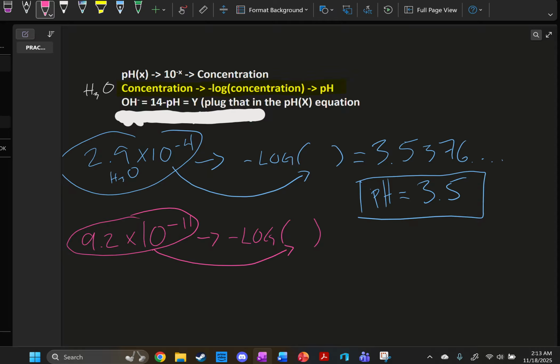sorry, a little slow on my notes. That's going to spit out 10.0362 and some extras. But we only have two significant figures, so that would be just 10 is our pH.